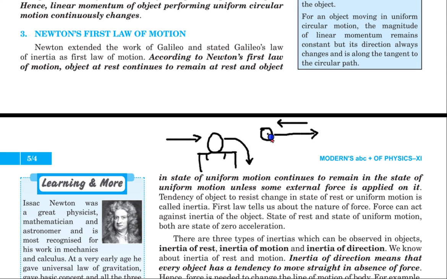If I kick it, it will bounce back, then it will not stop, because the force of kicking is much more than the force of moving towards me. That's why the difference in force is used in moving it back towards its original place. That is the physics.